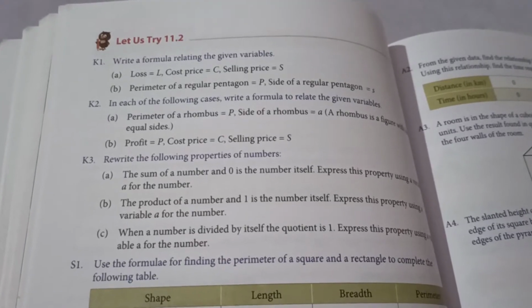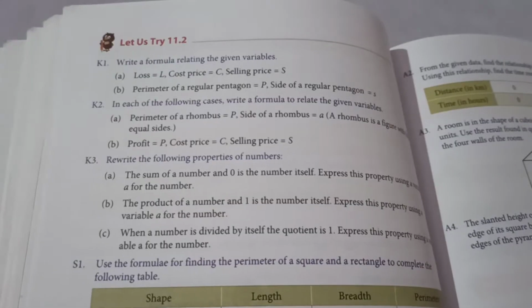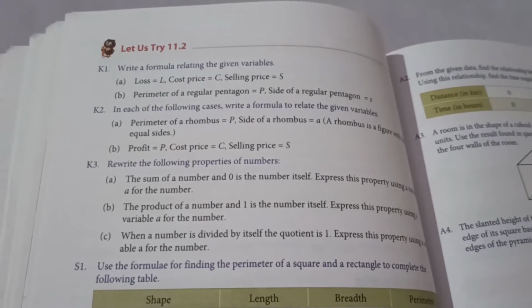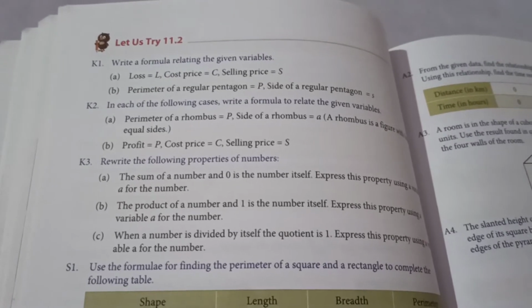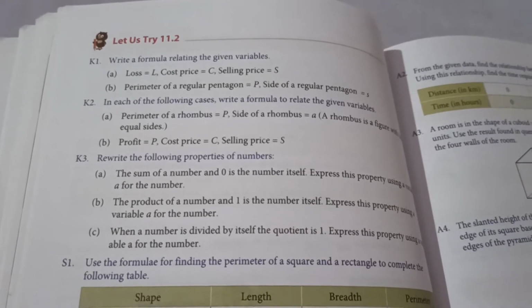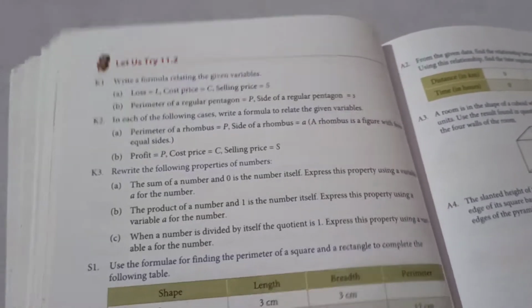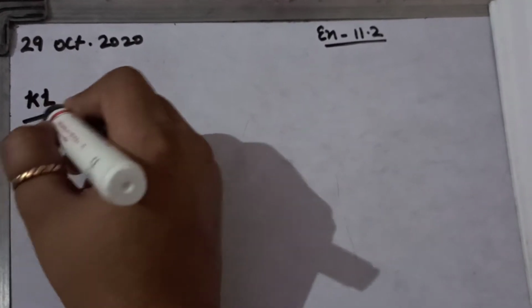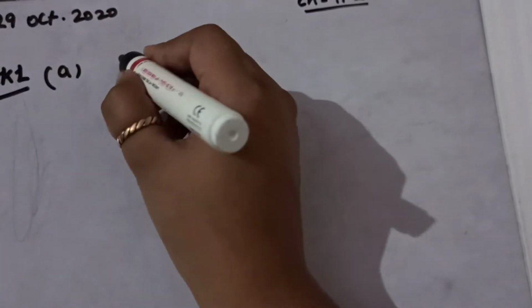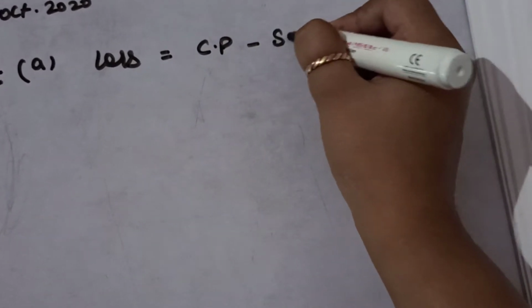So, the first question is, write a formula relating to the given variables. These are the variables given. The first one is loss. For loss, the word used here is L, cost price C and selling price S. So, we know that the formula of loss is cost price minus selling price.